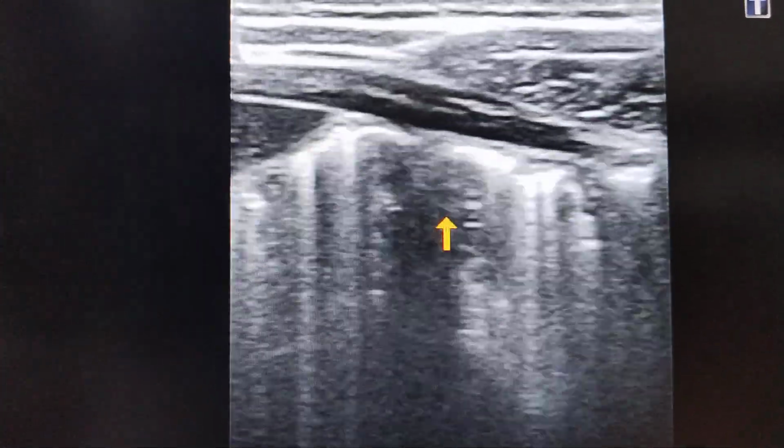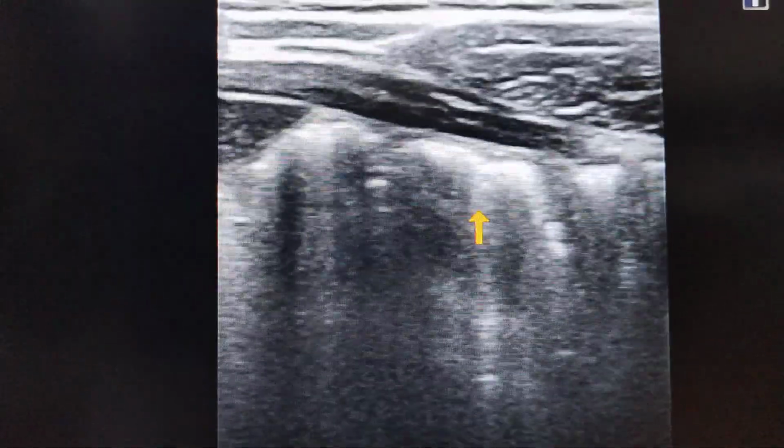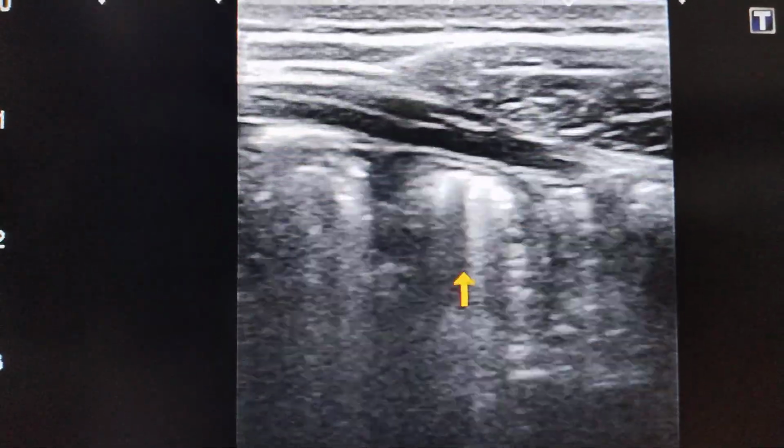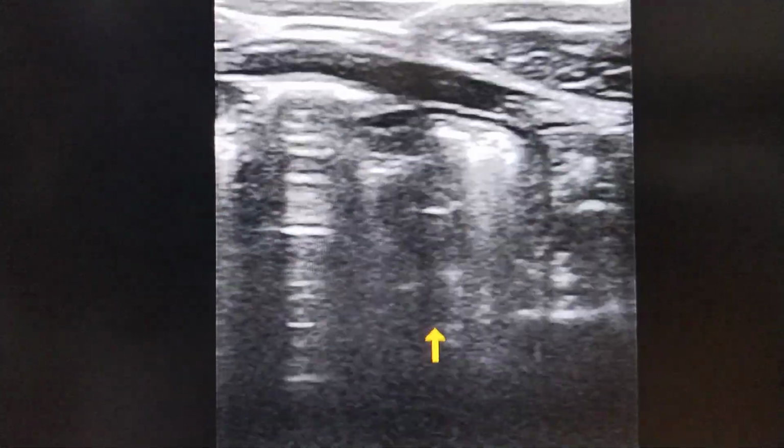Dirty shadowing is also present, and we can appreciate this artifact, which I don't remember the name of. These are the gas bubbles within the large bowel.